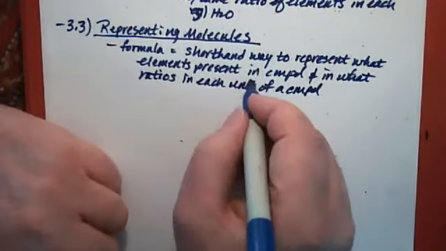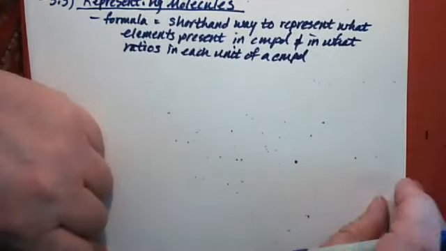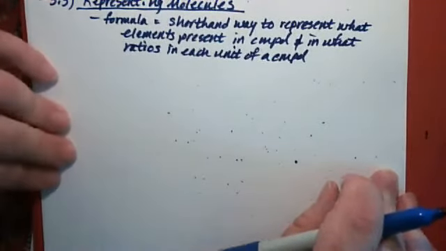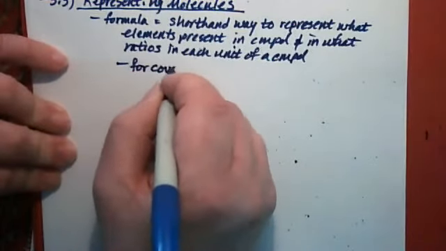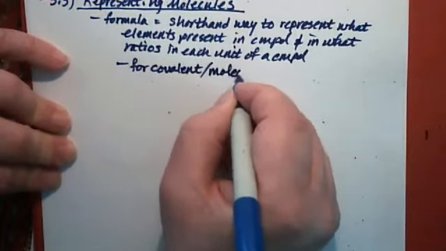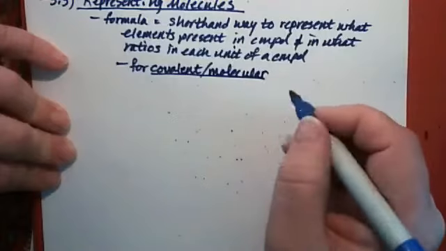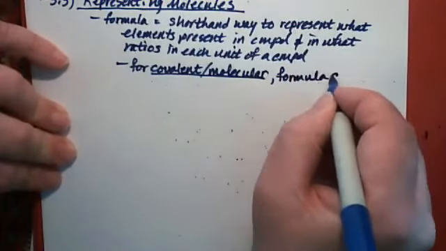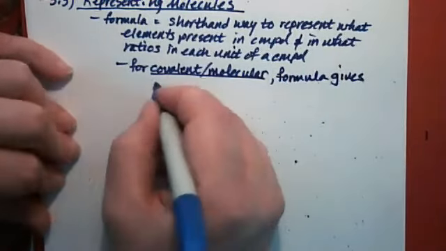Okay, so basically, how many atoms of which elements are in each unit of the compound? In the case of covalent or molecular compounds, the formula actually gives the composition of each molecule.